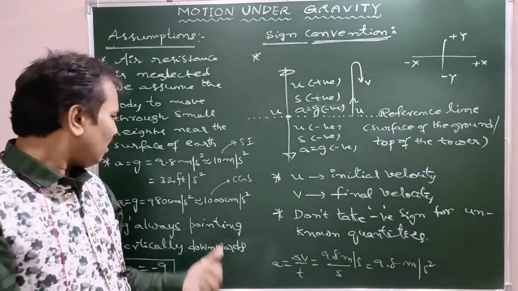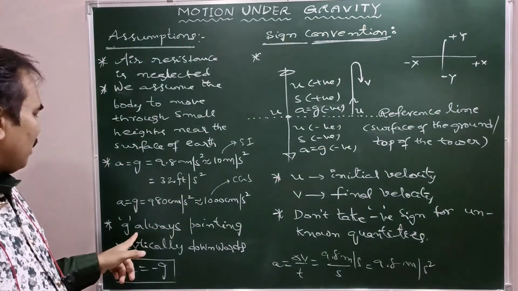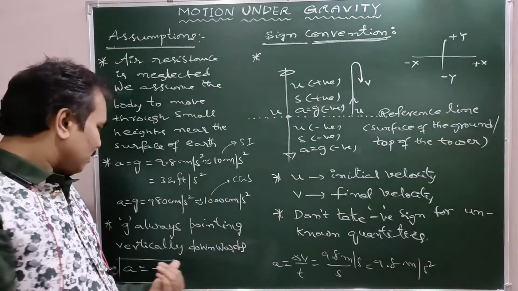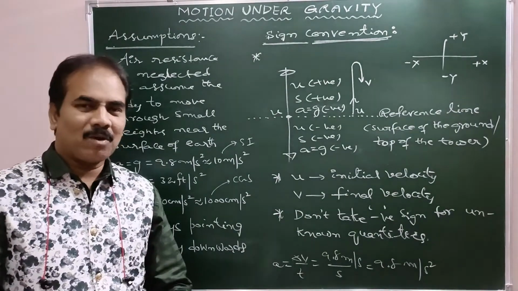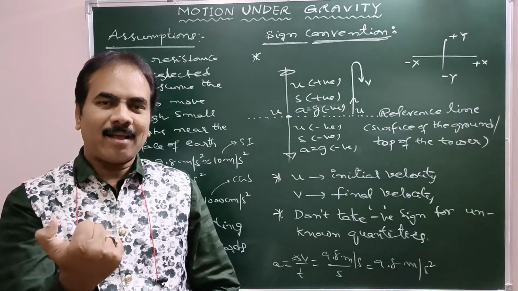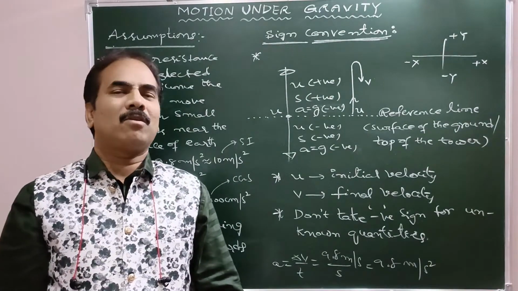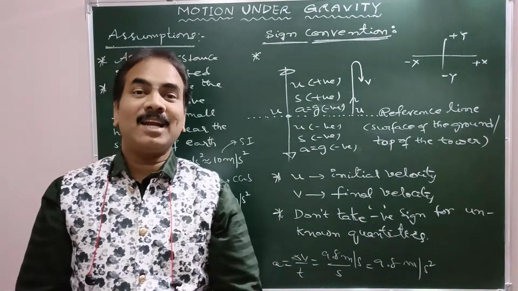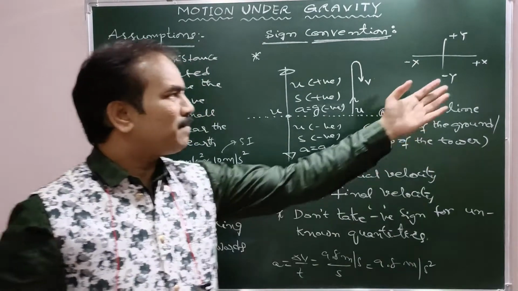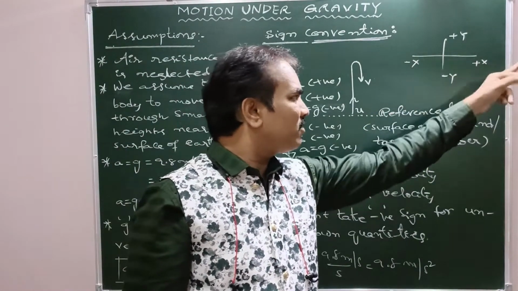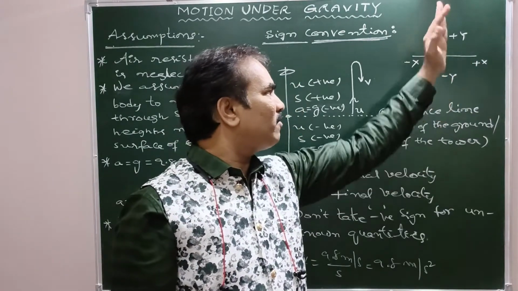Am I right? Okay. So here, G is always pointing vertically downwards. As I told you, Earth attracts every object towards its center. So G is always acting vertically downwards, right? As per sign convention, here it is positive x, negative x, positive y, negative y.